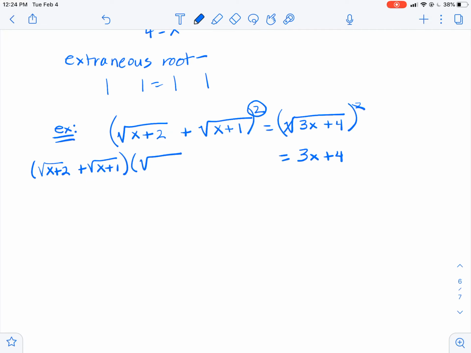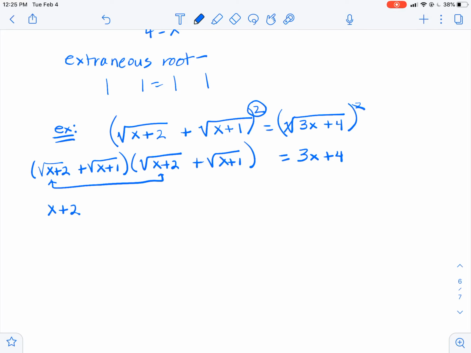And we are going to need to do a FOIL here. So watch what we do. When we do the first, well, this one is just the square root of x plus 2 times the square root of x plus 2. That's the same thing as squaring it, so I'm going to just get x plus 2. That looks great.